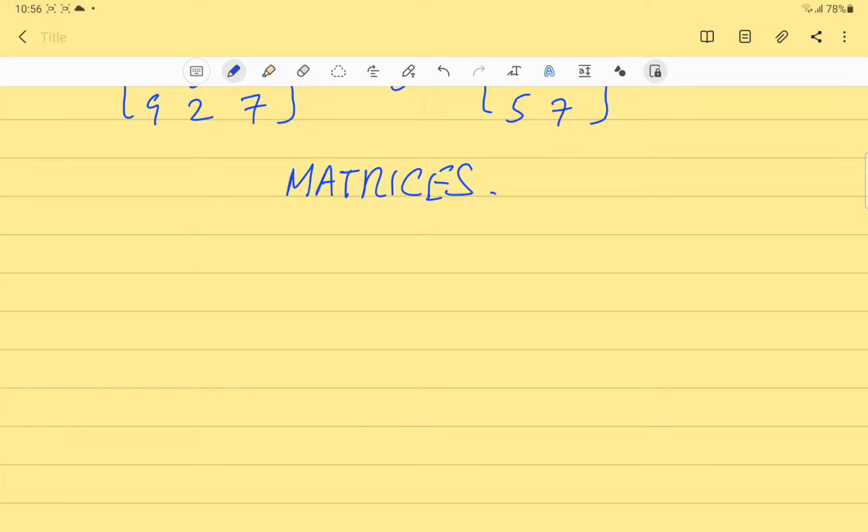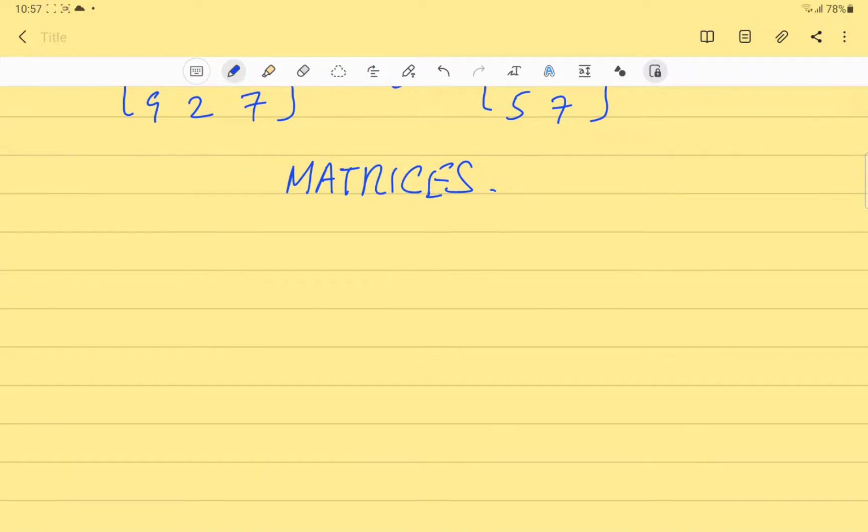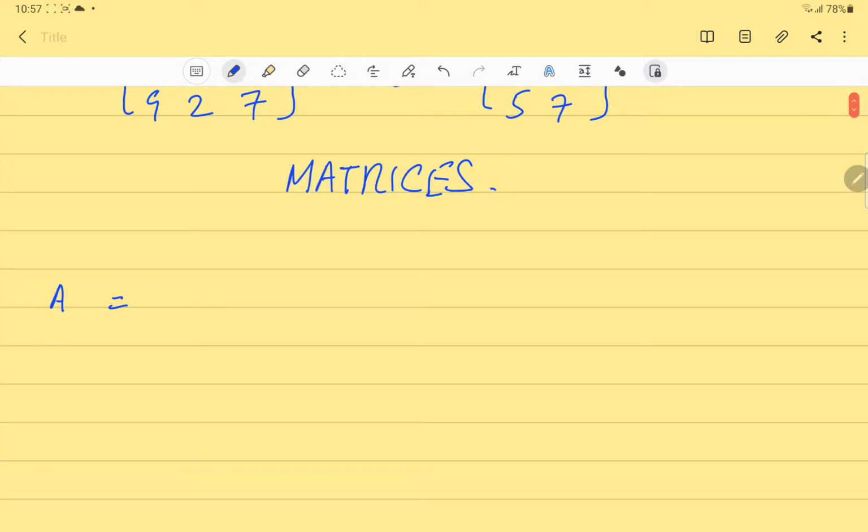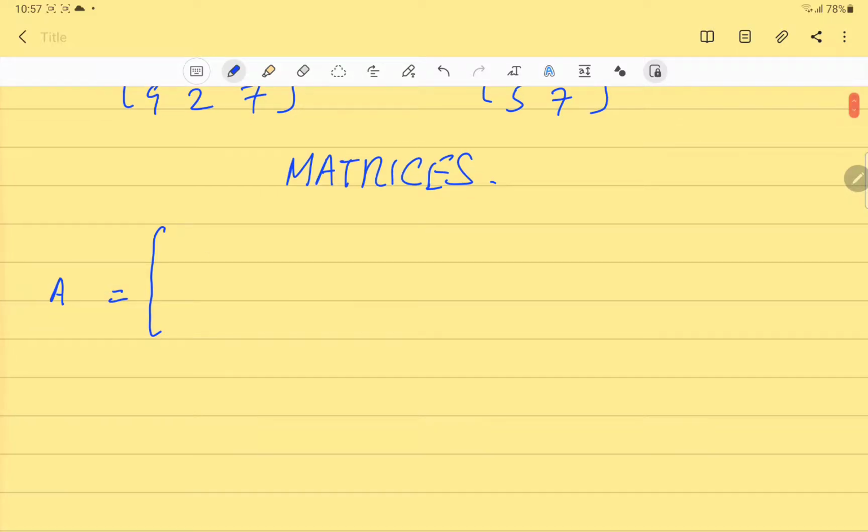Let's talk about different types of matrices, but before that we will try to understand what a matrix is all about, how it is addressed and how its elements are addressed. Suppose we have a matrix A which has 3 rows and 3 columns.